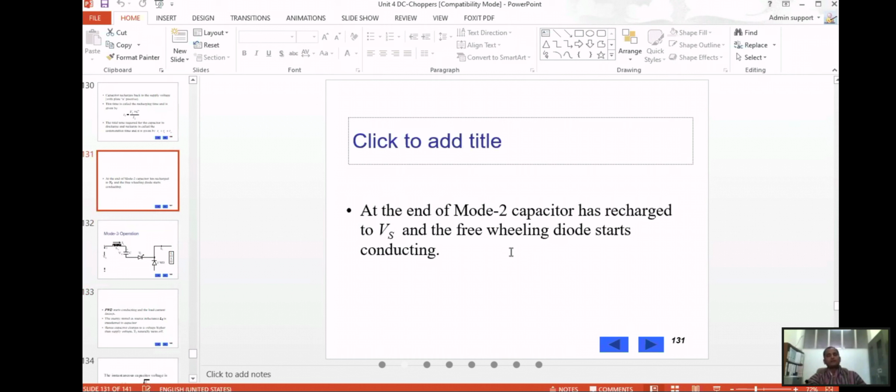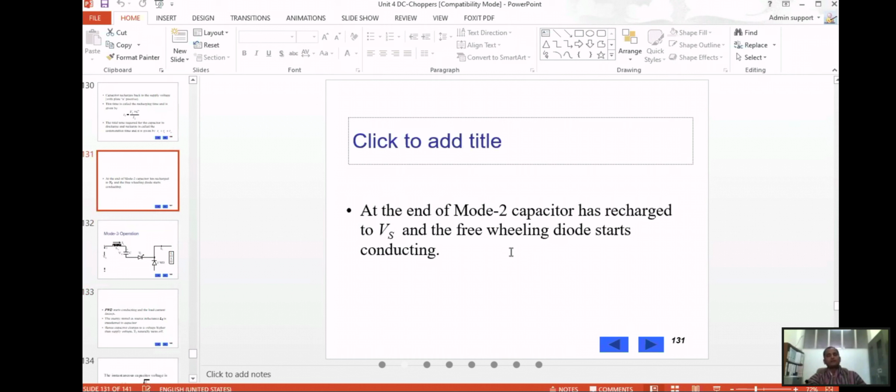This is the circuit diagram of mode 3 operation. In mode 3, the freewheeling diode conducts and the load current decays. The energy stored in the source inductance is transferred to the capacitor, and the capacitor charges to a voltage higher than the supply voltage.